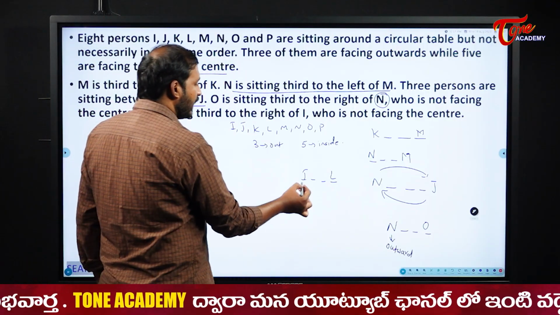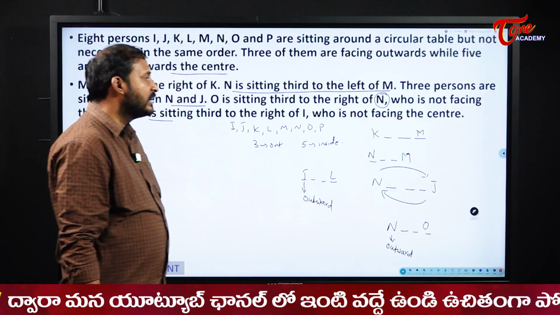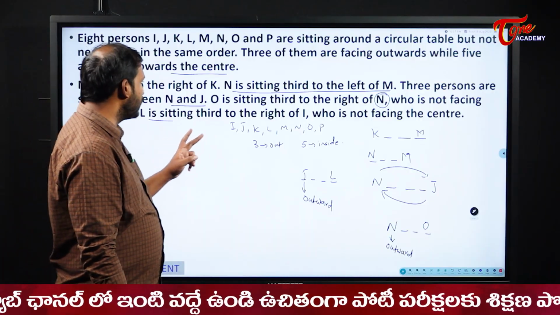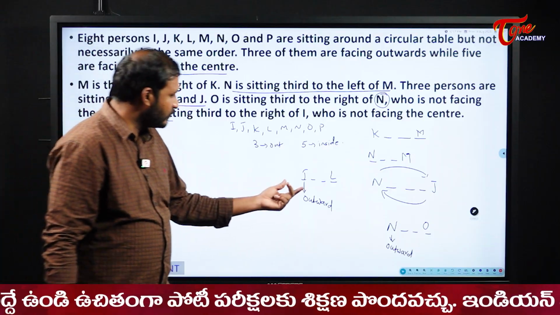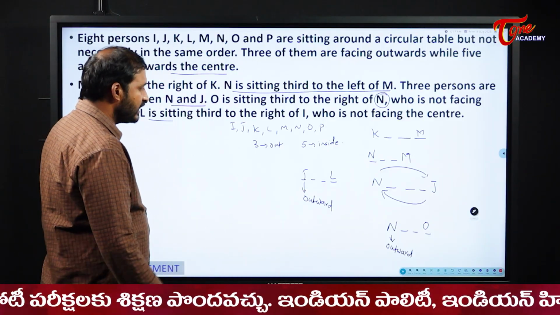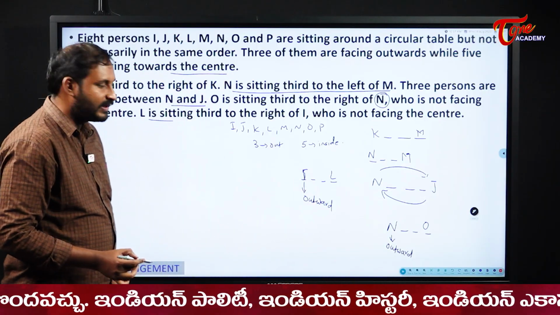That means I is facing outward for us here. So out of 3 outward persons, we came to know two: one is I and the other one is N. Okay, so total 8 persons are there for us.